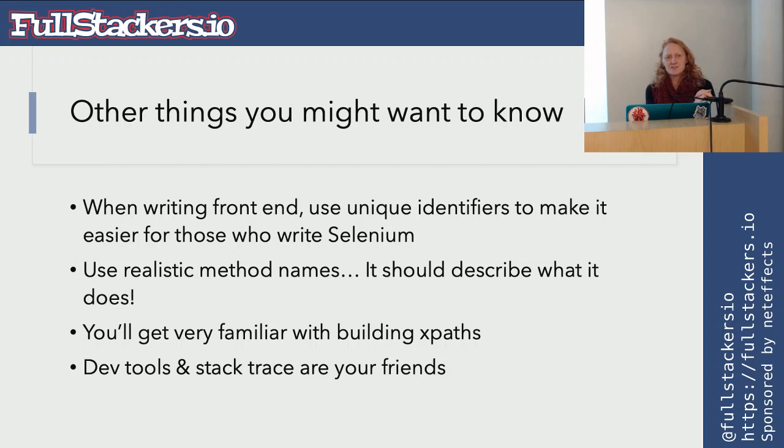If I'm going into a page and I'm looking for something that clicks on something, don't call it something that doesn't have click in it. Make sure the method describes what it's actually doing, especially if the person writing the test didn't write the page object, didn't write the locators, didn't write the methods that interact with the page. It's easy to get lost in there, so name it something good.